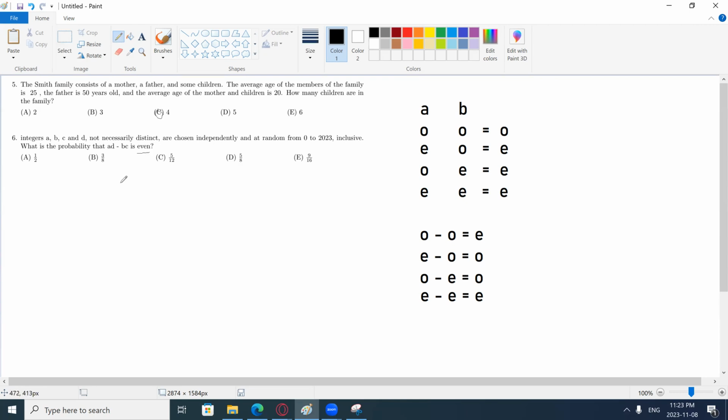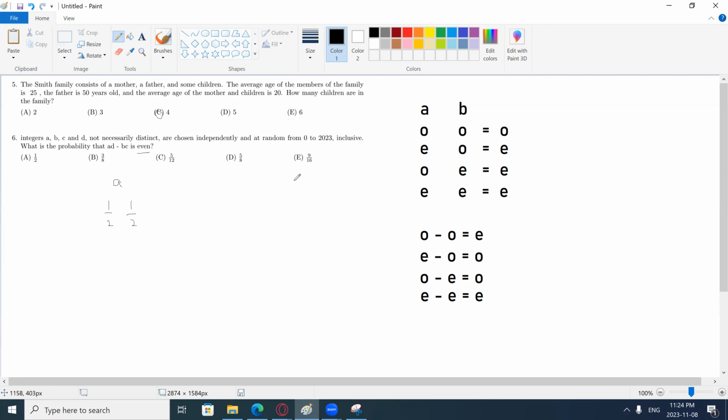So the probability that a number here, let's say A, is odd would be 1/2, and 1/2 of the time it would be even, because there is an equal number of odd and even numbers from 0 to 2023.